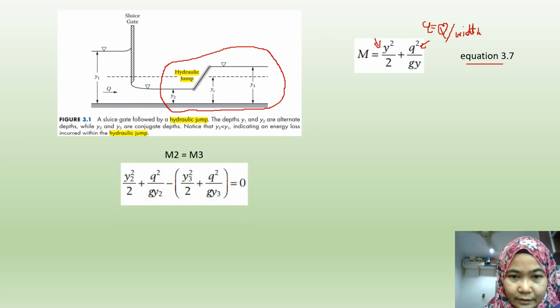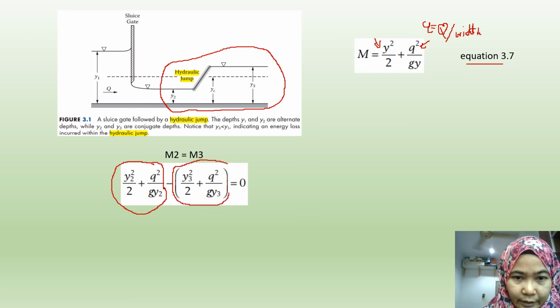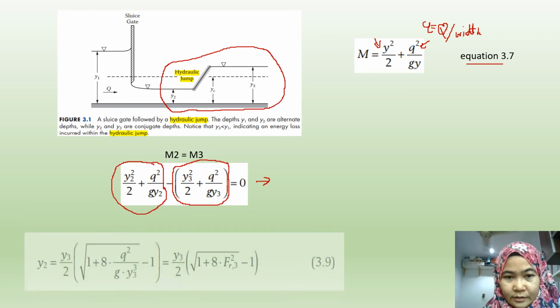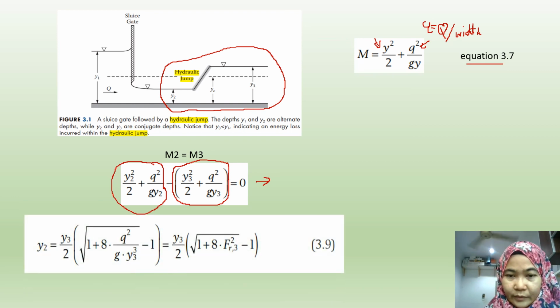So momentum at location 2 minus momentum at location 3 equals 0, because they are actually equal.